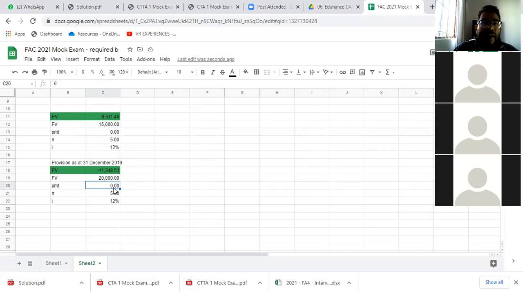We are now at 31 December 2019. 2 years have passed. So therefore, N represents the remaining periods. So N is 3. The rate is still 12%. So the total provision at 31 December should be, I would have gotten 14 million. So in my mind, the provision should be 14 million.